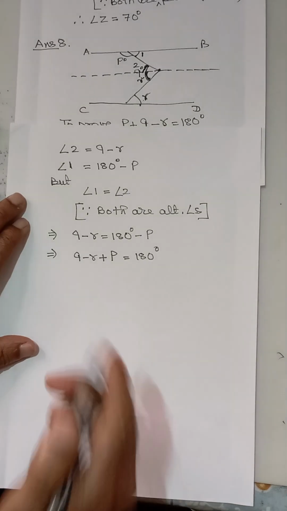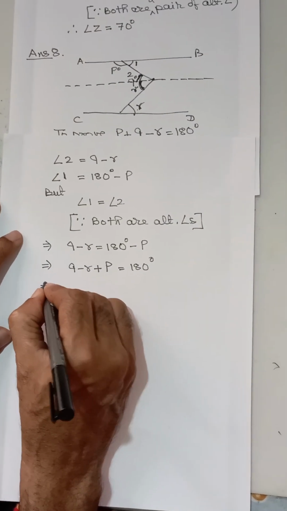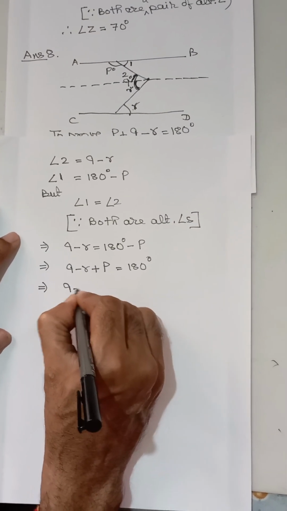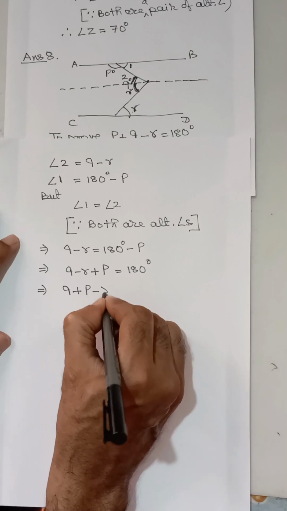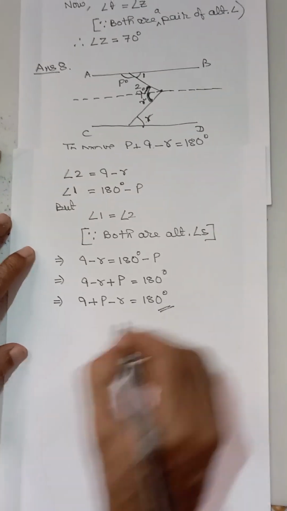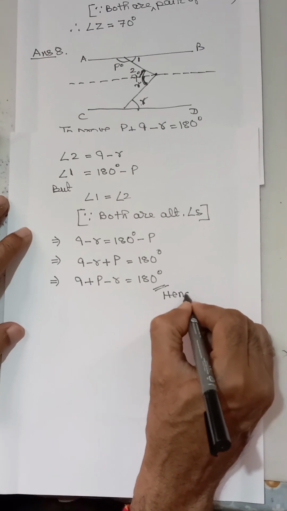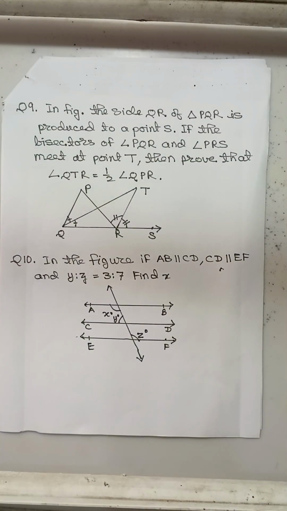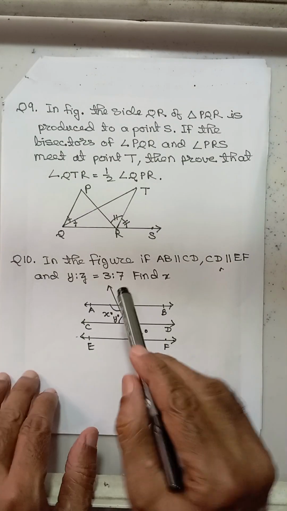And here we can change the order with the signs. So Q plus P minus R is equal to 180 degree. Hence proved. After doing question number 8, we will do question number 9.